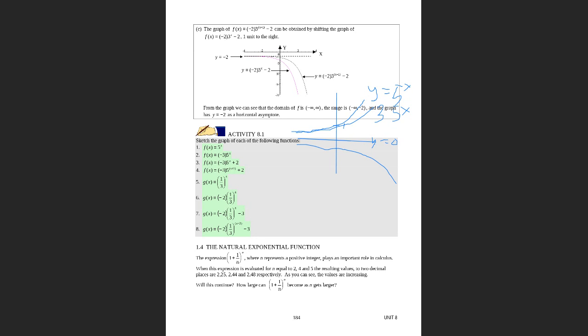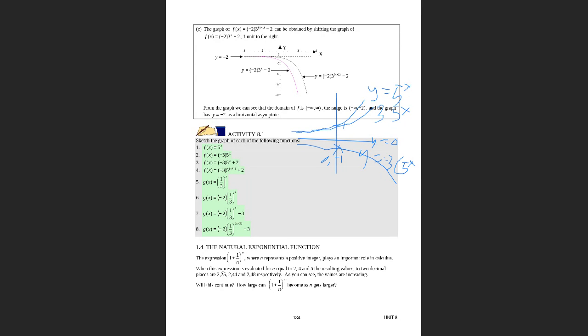So here will now be 0 and -1. So here is going to be y equals to negative 3, 5 exponent x.